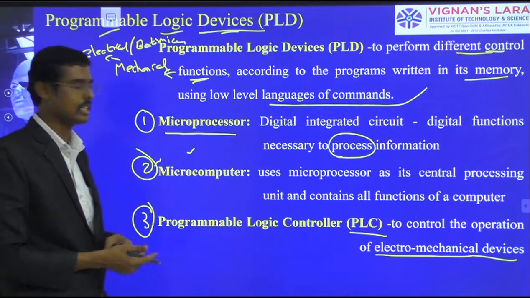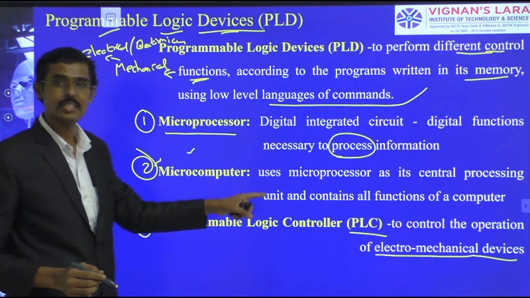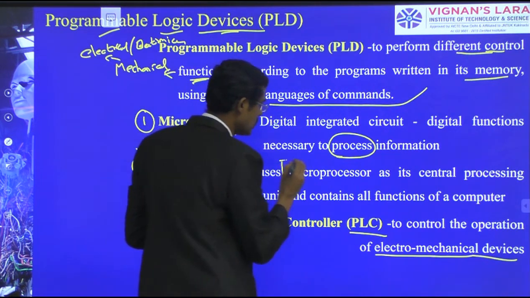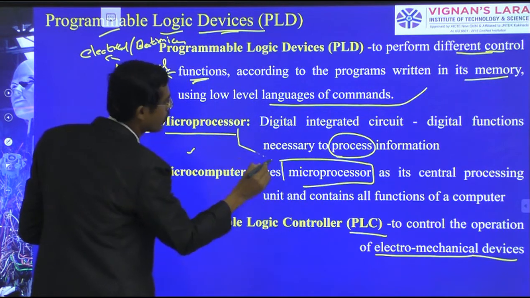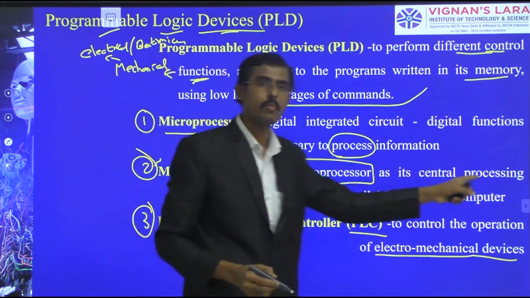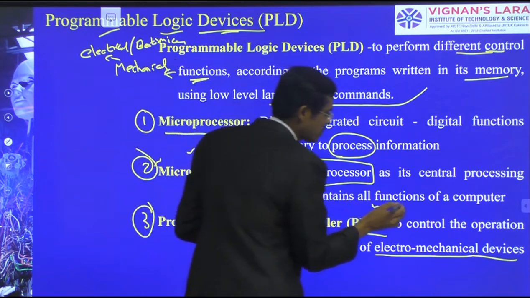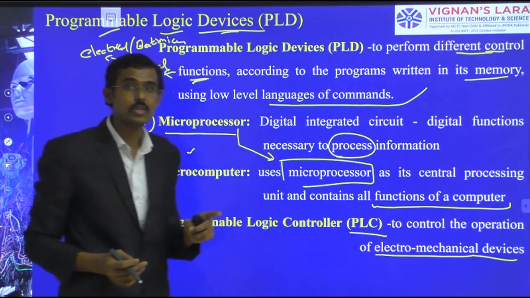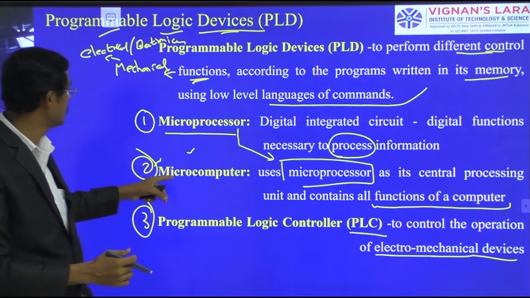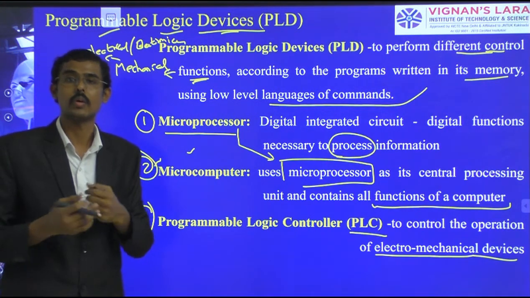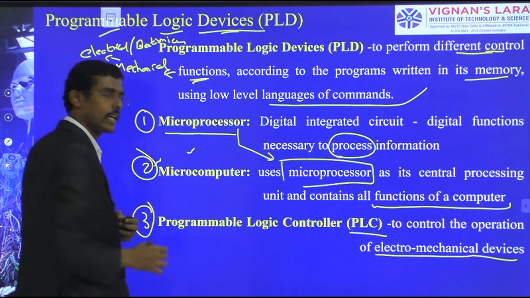Similarly, some other categories like the microcomputer use this microprocessor as its central processing unit, the CPU, and contain all the functions of a computer. So the microprocessor is a part of this microcomputer or microcontroller.